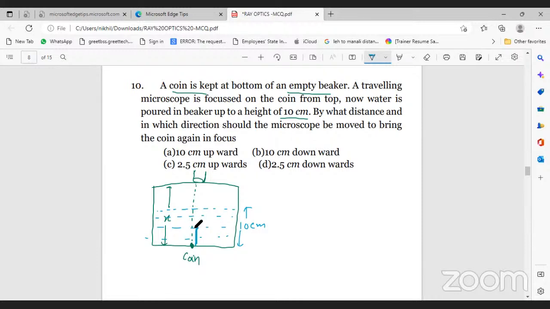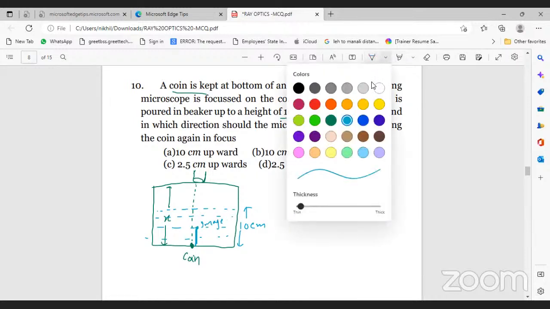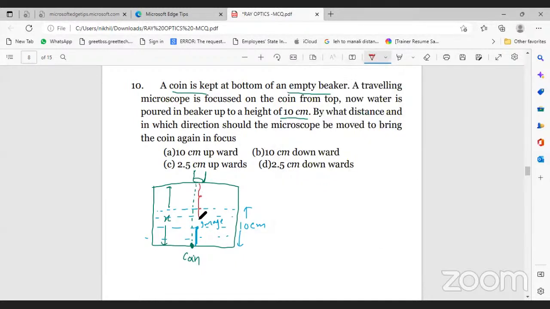What is this shift here? This is the image of the coin. What is this distance called? Apparent depth. What is this shift called? Normal shift.